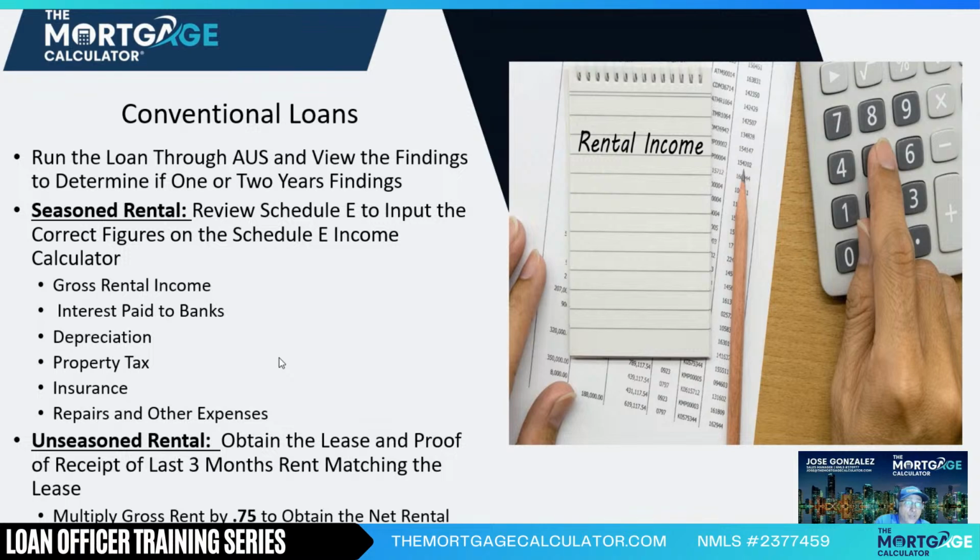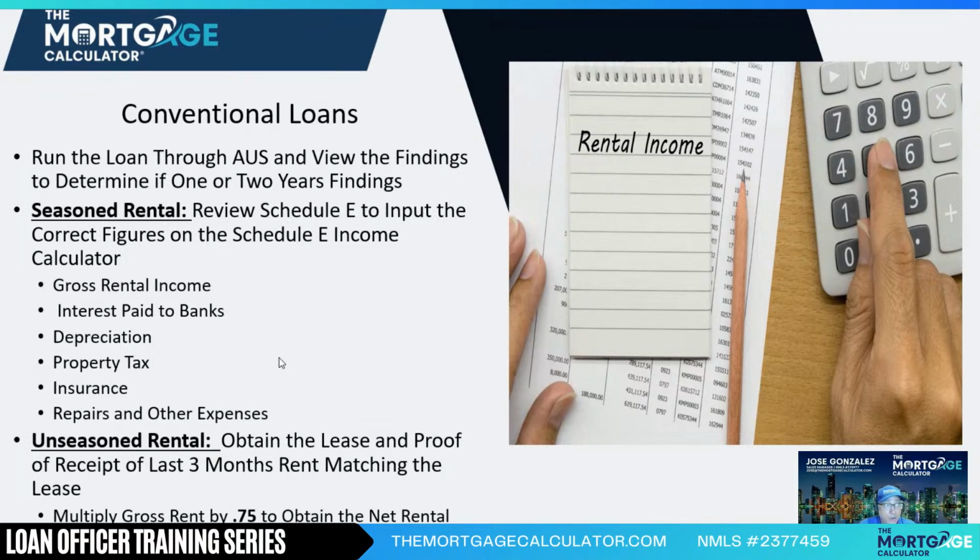So we're not going to double charge the borrower the expense. So the interest paid to banks claimed on the tax return will be added back. Depreciation is a paper loss, so depreciation is always added back if it's claimed on the tax return on the Schedule E, it's added back on the Schedule E income calculator.